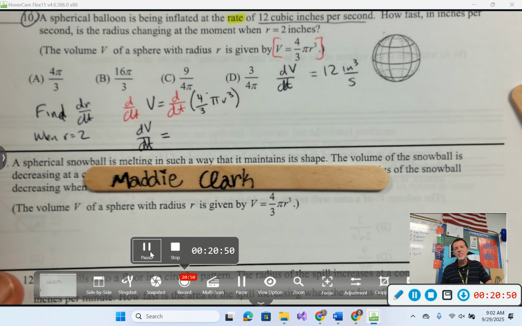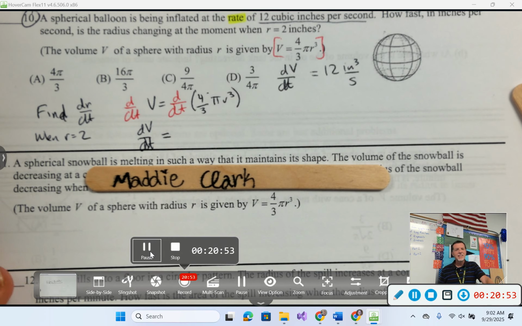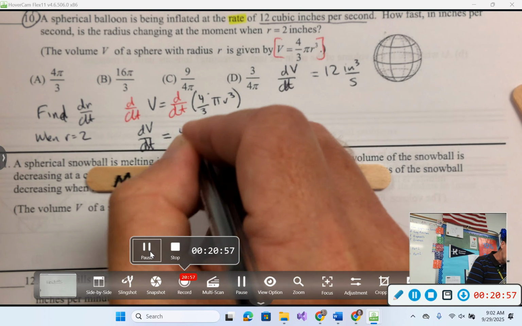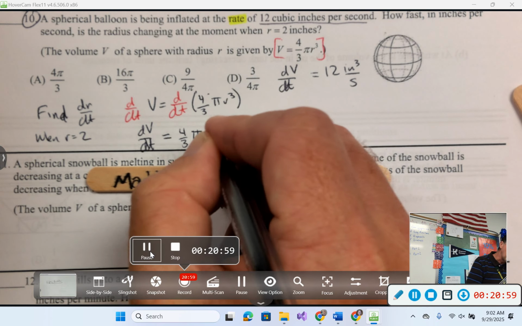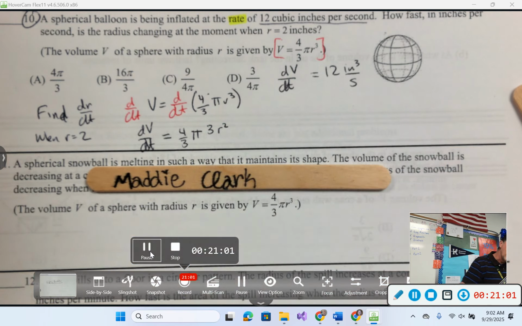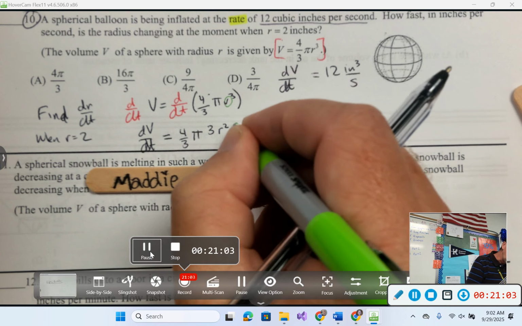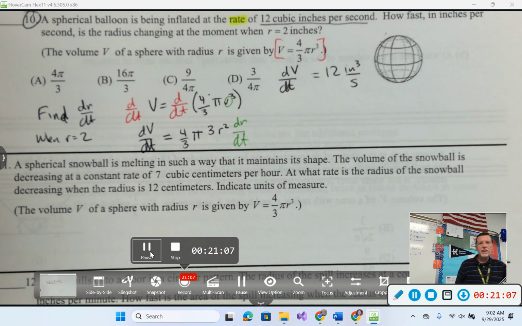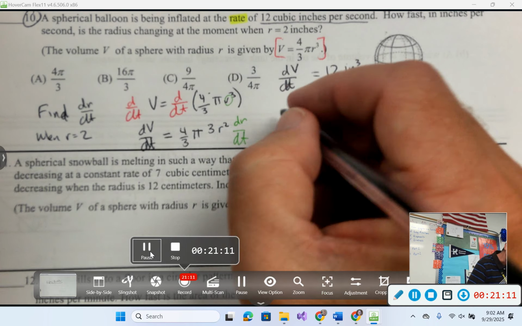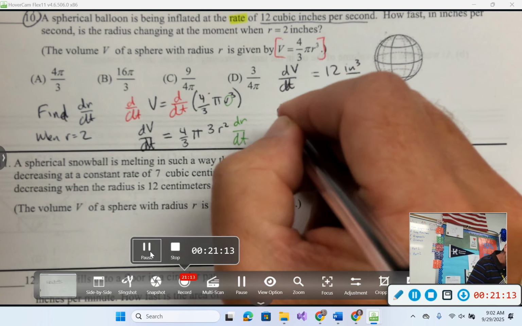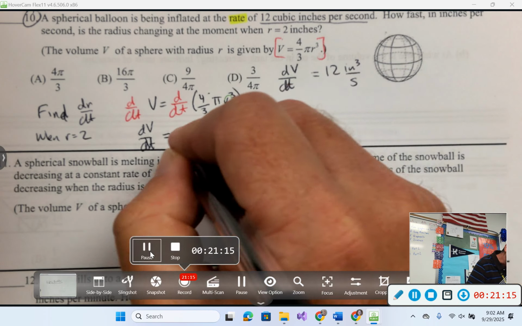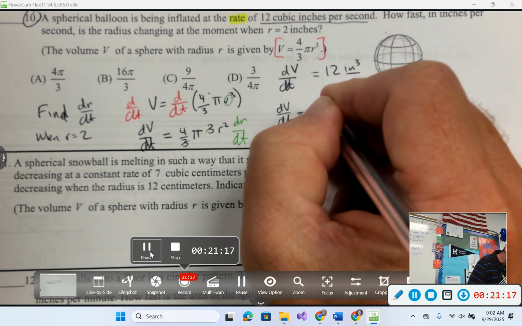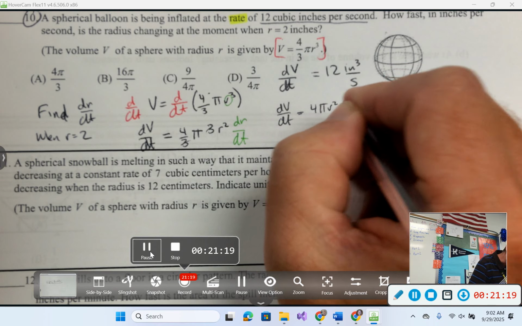Maddie, how about the other side? 4/3 pi 3r squared dr. Yes. 4/3 pi, that's the constant. And then 3r squared, but then the derivative of r is dr/dt. And yes, the 3's would cancel if we want to clean things up a little bit. dV/dt equals 4 pi r squared dr/dt.